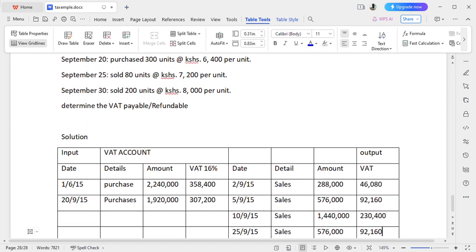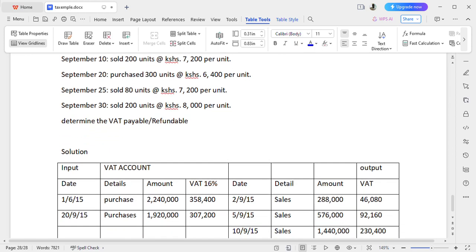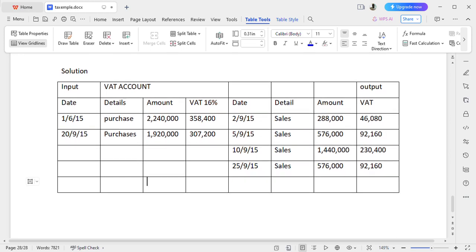Alright, then move to the 30th, sold 200 units at 8,000. On the 30th, the same month, the same year, sales.